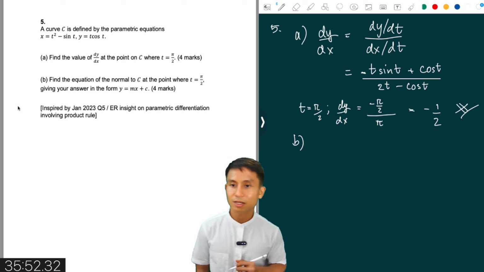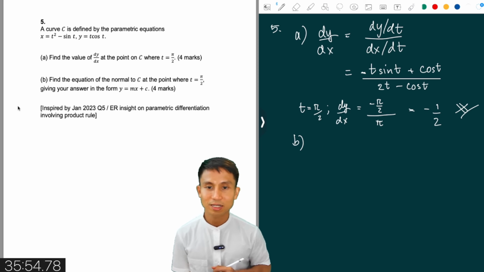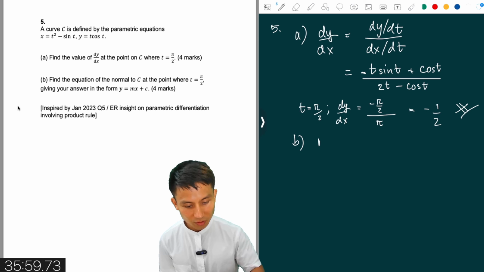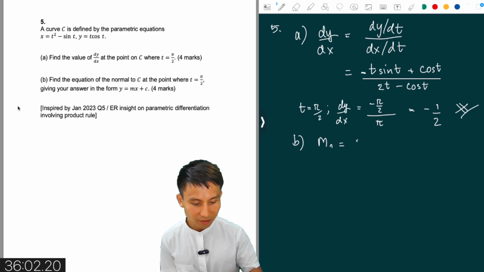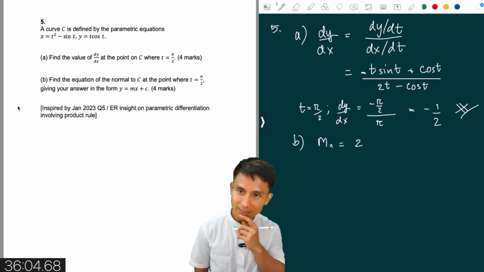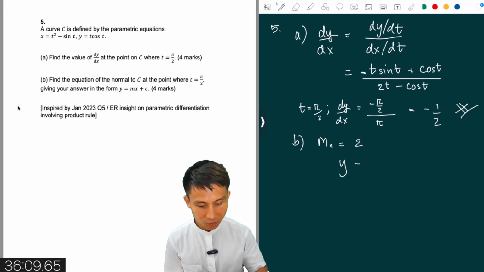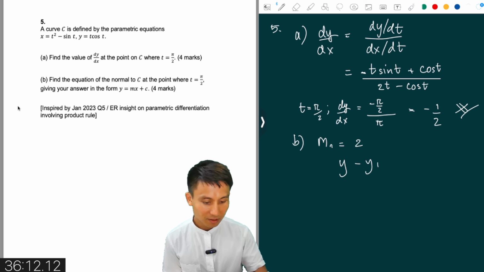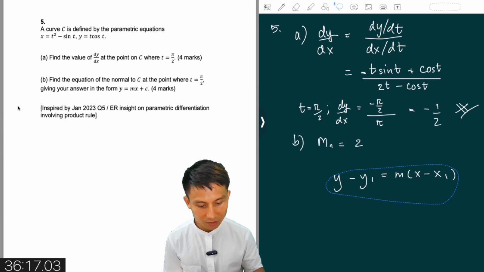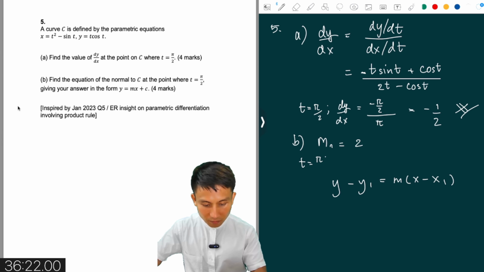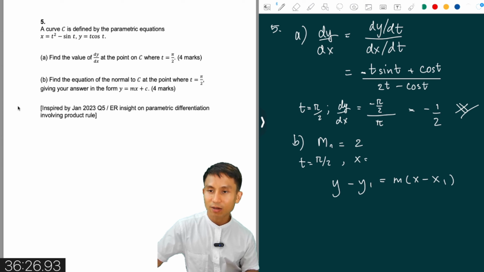Part B. Find the equation of the normal to C at the point where t equals pi over 2. Right, so we already got the tangent here. The gradient of the normal is just flipping the fraction and putting the minus sign. Then we do y minus y1 equals m times x minus x1. We probably have to turn the t into the x and the y first, right? So when t equals pi over 2, x is t squared minus sine t.